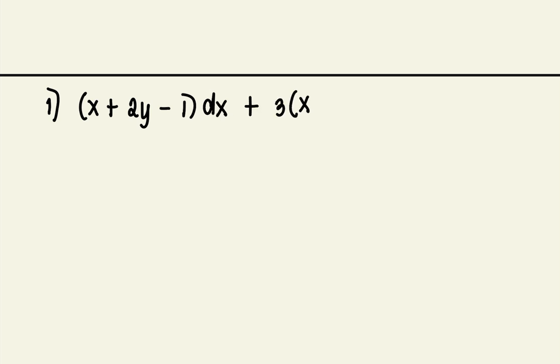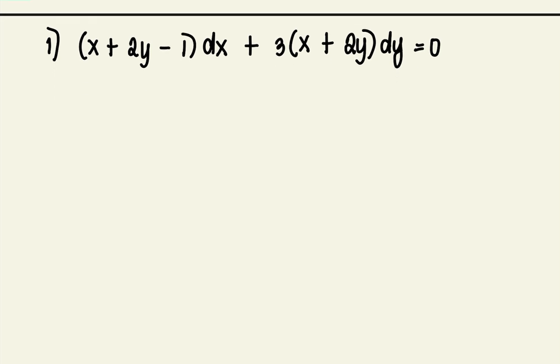For example, we are given the DE (x plus 2y minus 1) dx plus 3 times (x plus 2y) dy equals 0. Here we can see that the expression x plus 2y occurs twice in the given equation, and I think it attracts our attention.